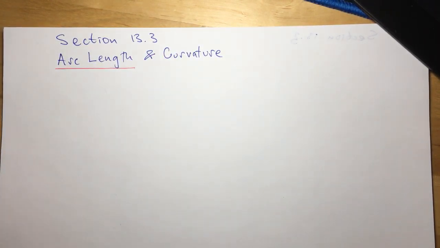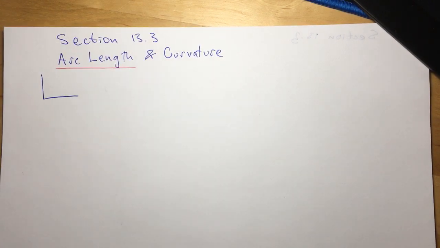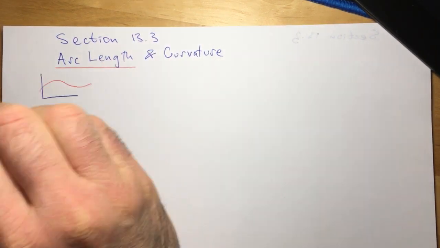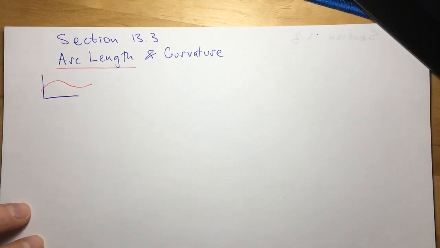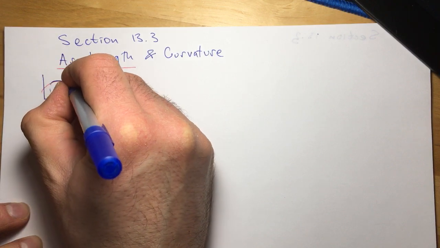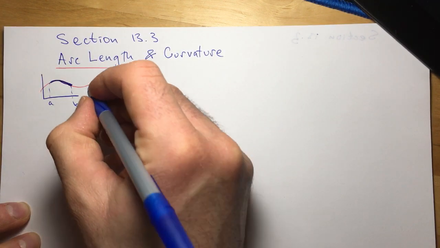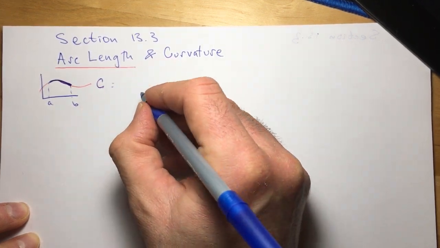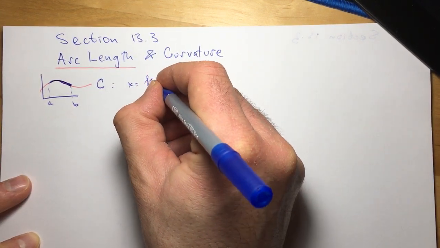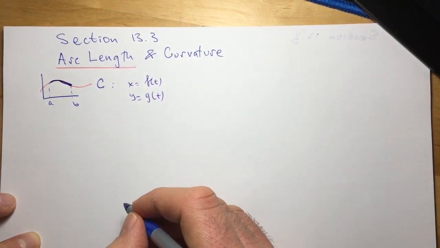Okay, so what was the arc length, right? What we know so far, if we have a plane curve, and I want to know the actual length from A to B, the length of this curve, and let's say that this curve C is defined as x equals f of t and y equals g of t, a parametric curve.